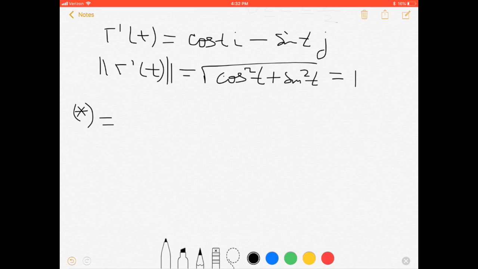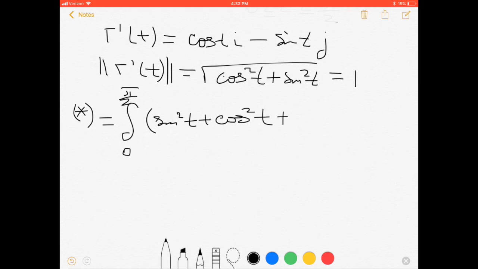This means in our integral t is changing from 0 to pi over 2. As you remember, we have x squared plus y squared plus z squared. This means it will be sine squared t plus cosine squared t plus z squared, which gives 4, multiplied by the norm of r prime t, which is 1, and dt.